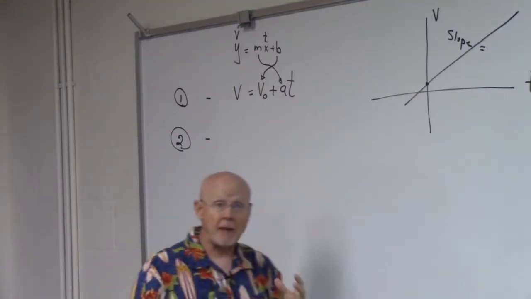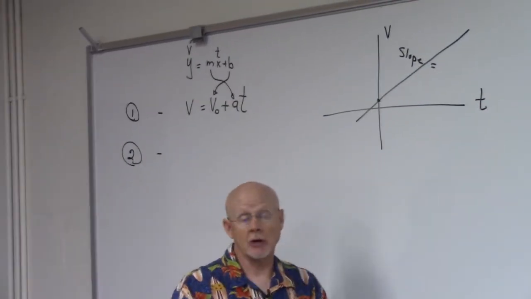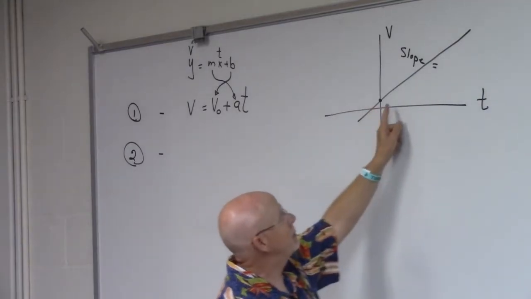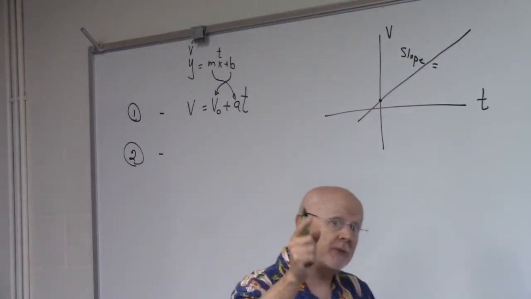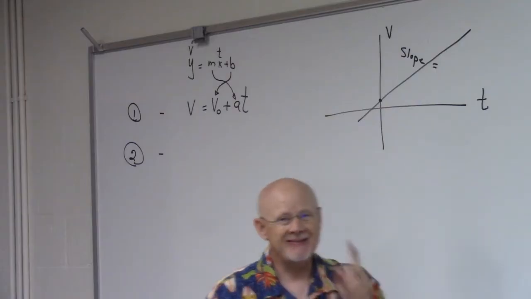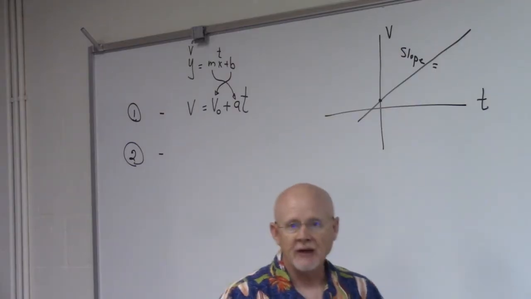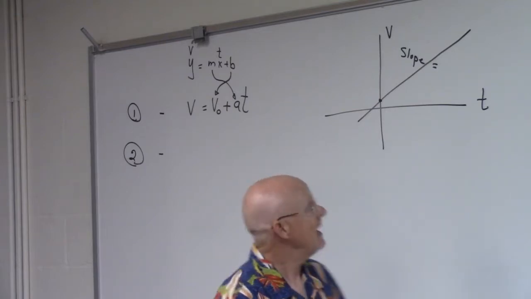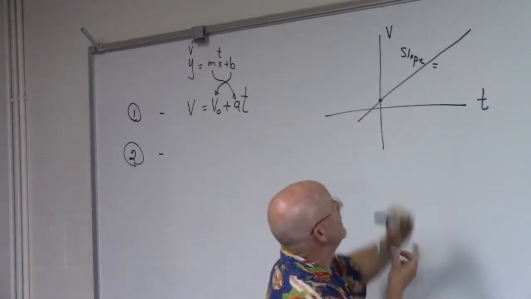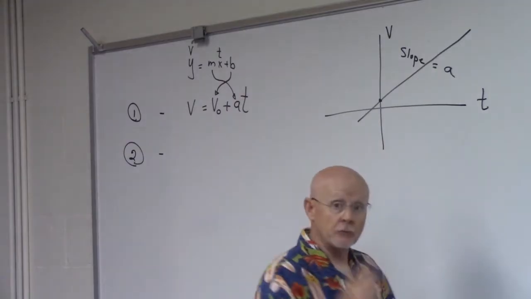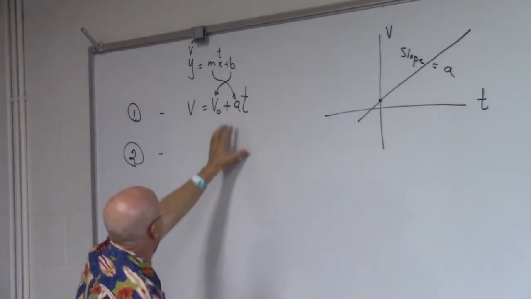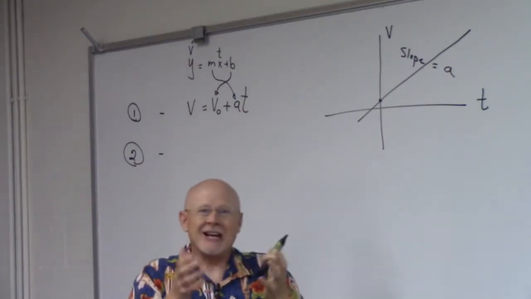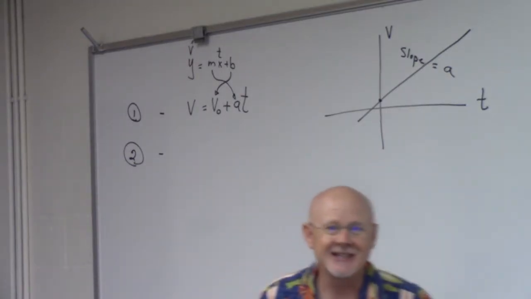So if we drop Bob, and that's the object, we're going to drop two objects, Bob and a picket fence, and we plot the velocity, and it comes out to be a straight line, that is our proof that it is constant acceleration. Then, if we look at the slope, note that the slope corresponds to the acceleration, so then we will actually find this constant.